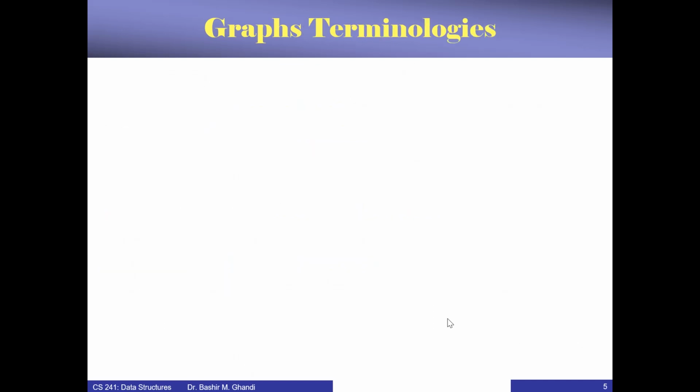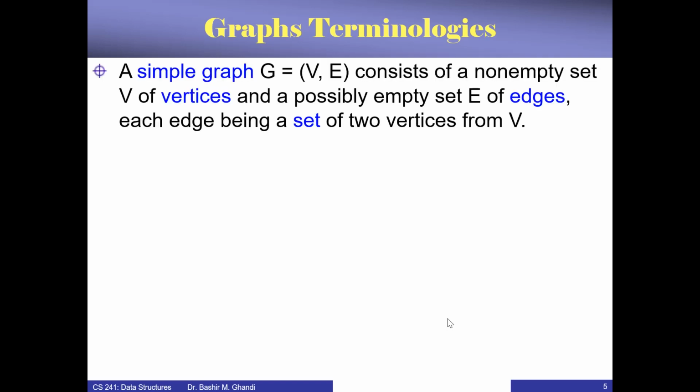But first of all, let's take some graph terminologies. First of all, let's define what a graph is, or define the two main types of graphs. The first one is called a simple graph.